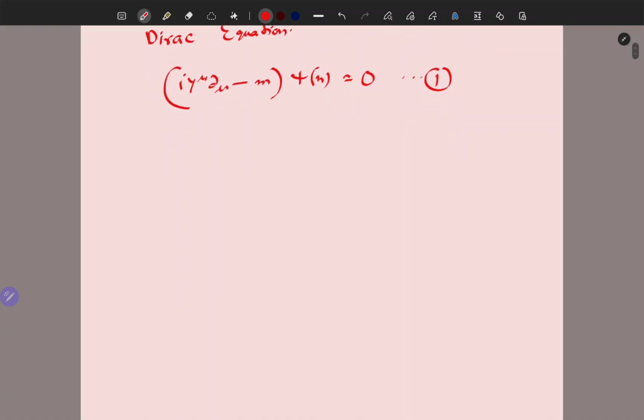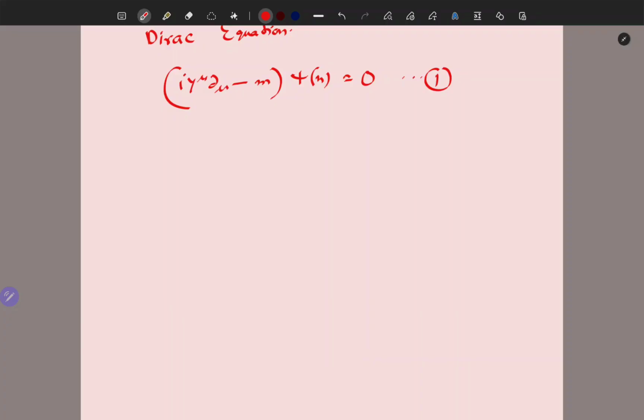For a free particle, corresponding to the solution of the above equation, let us dwell into its property under the Lorentz transformation.